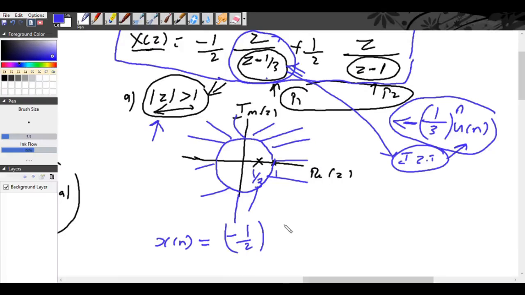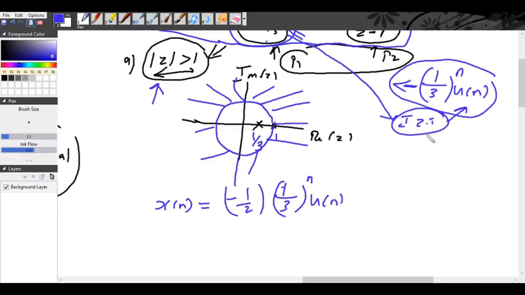So 1/3 power n u of n. One thing to note, I do not know whether I explained it correctly: it is u of n. Why am I selecting u of n? Why am I not selecting u of minus n? Because I am looking at a positive series here. Did you understand? Did you see this graph, right?